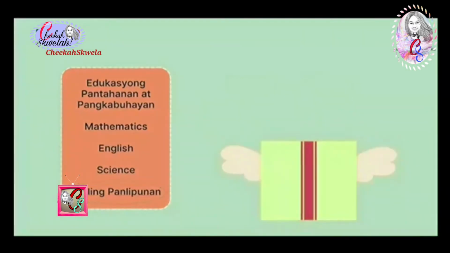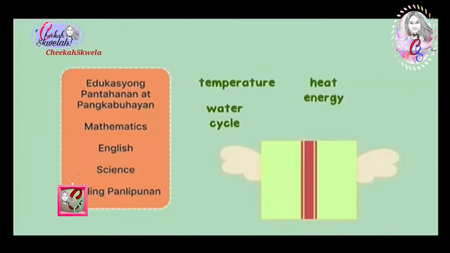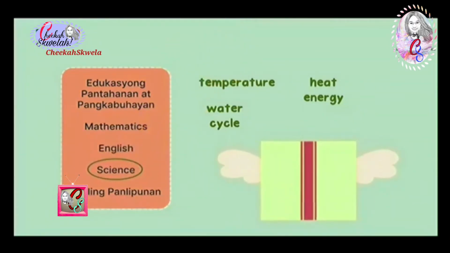The third group of words, heat, energy, water cycle, and temperature, are the topics I learned from which subject? Do you think the answer is science? Correct! We can learn about heat, energy, water cycle, and temperature in our lessons in science.